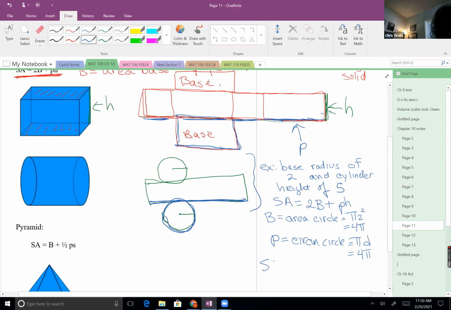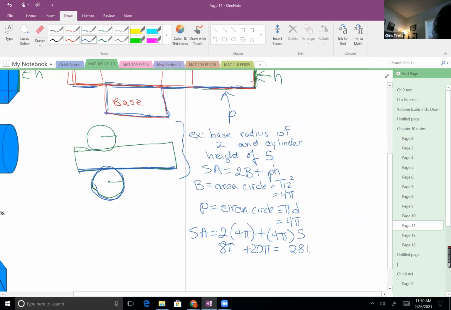So my surface area is 2 times the base, 4 pi, plus the perimeter, 4 pi, times the height, which was 5. So that would give me 8 pi plus 20 pi, or 28 pi square units. Again, because surface area is area, we measure it in square units.